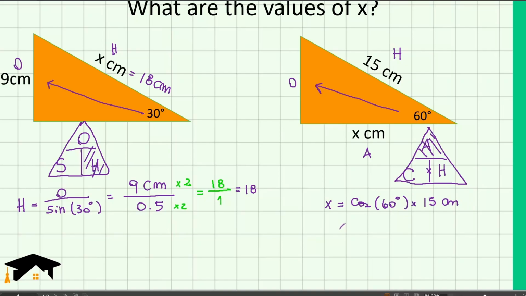Like before, cosine of 60 is 0.5. And so multiplying by 0.5 is the same as dividing by 2. So 15 divided by 2 is 7.5. And that is the value of x.